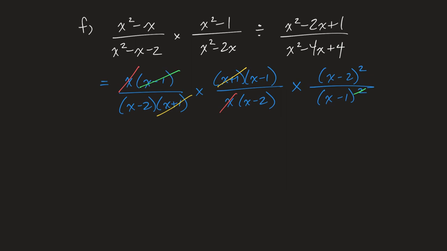I also have another x minus 1 and an x minus 1. And now I look, well, my x minus 2s, I've got a bunch of those. So I've got my x minus 2, another x minus 2 that will divide out with both of those x minus 2s. I got everything that all divided out. So I'm left with 0, nothing left.